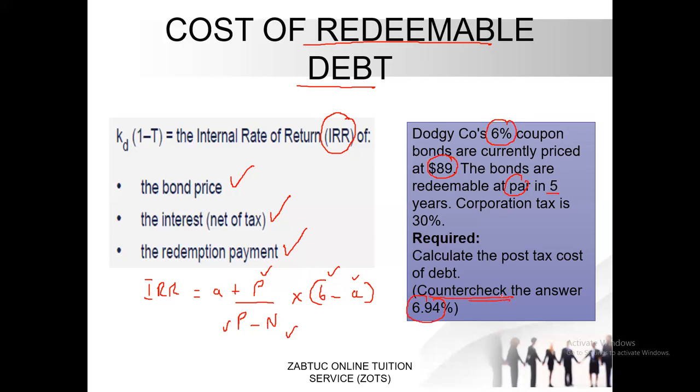This is basic financial management. Using this formula, we want you to calculate the internal rate of return, net of tax. It will give you 6.94.